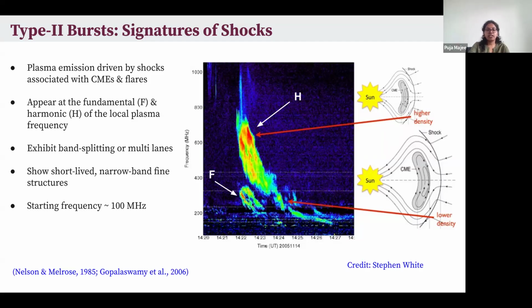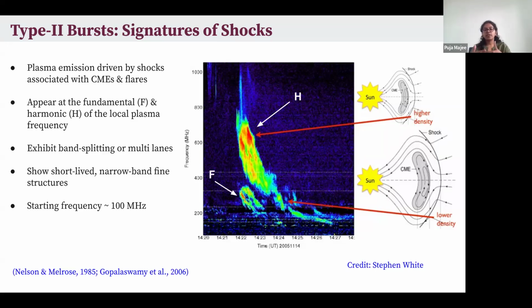Each of these fundamental and harmonic emissions also shows substructures. When each emission is split into two lanes, it is called band splitting. When there are more than two, they are called multi-lanes. Each of these emissions also shows a lot of fine structures. How do they come about?